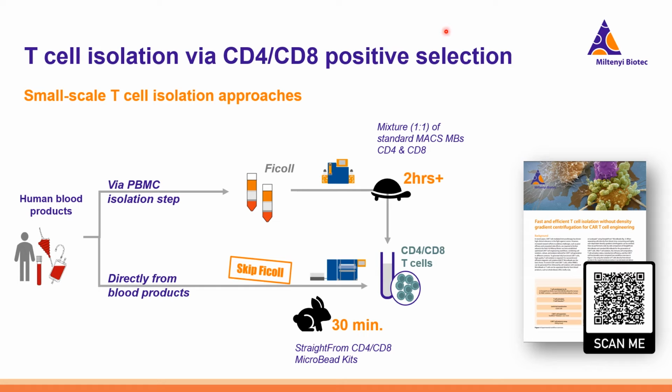As time is money, we are using our StraightFrom microbeads frequently, and those StraightFrom microbeads are added directly to the blood product. By this, you can process, for example, an entire buffy coat within only 30 minutes. Both are positive selection approaches and thereby are translatable to large scale manufacturing at the Prodigy.